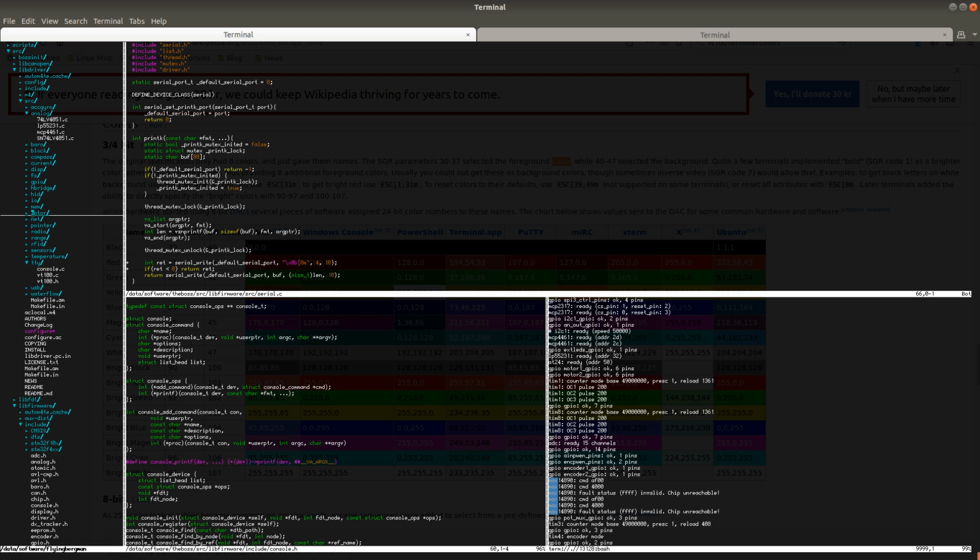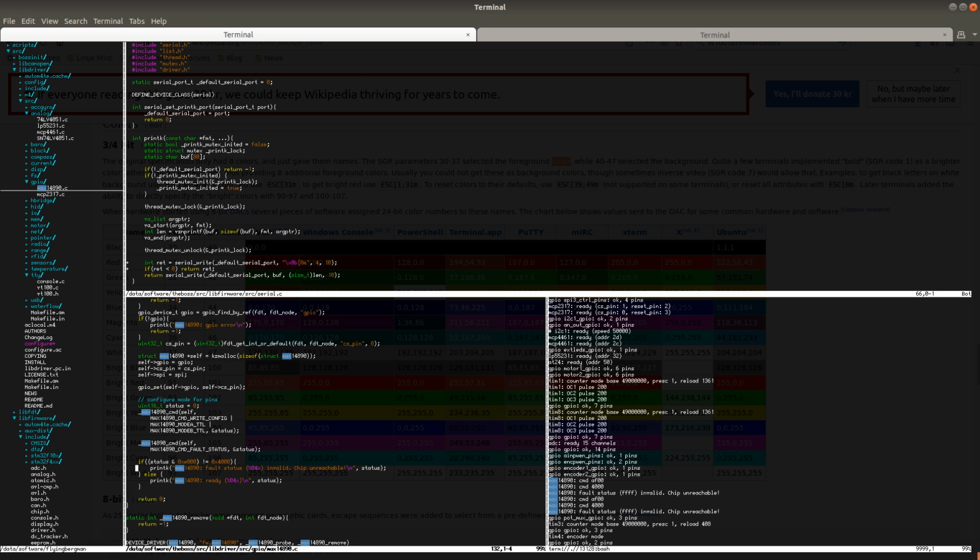Where could I have this chip? I can just write this definition right in front of the text.